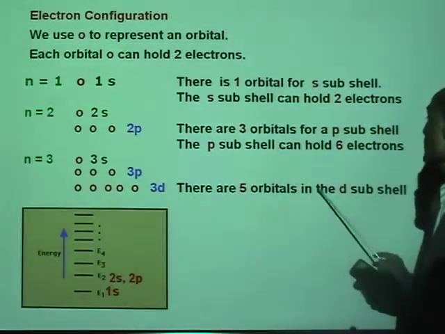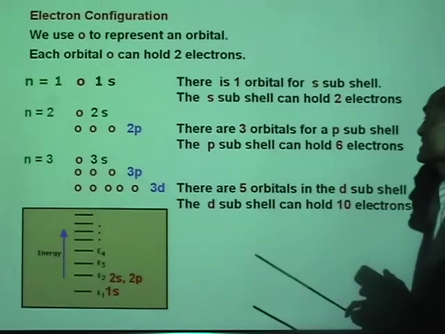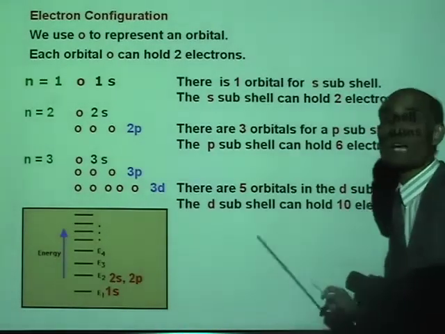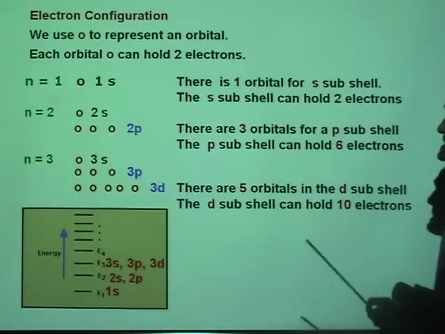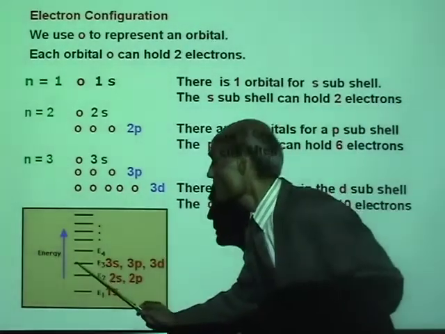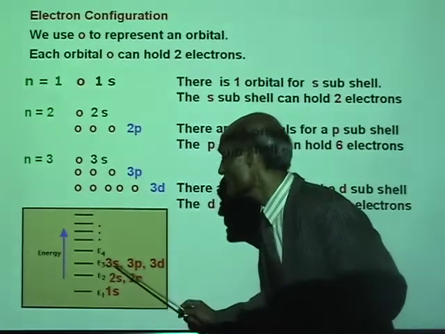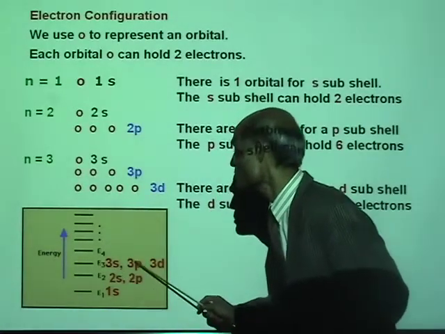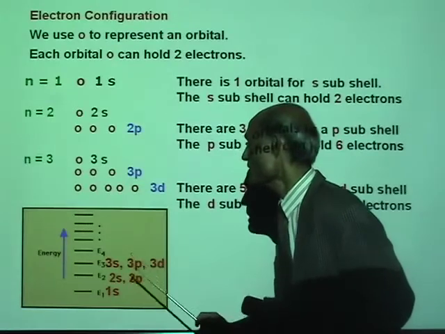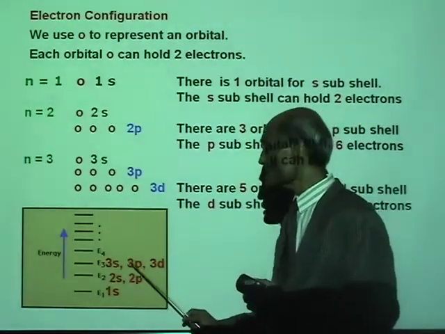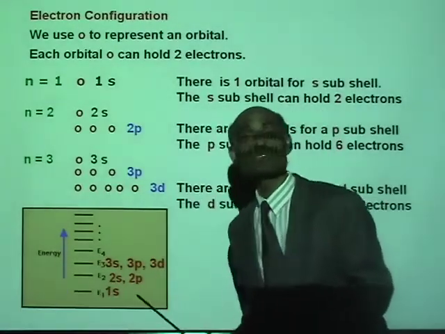So there are 5 orbitals in the D subshell. The D subshell therefore can hold 10 electrons. The n equal to 3, that is energy level E3, can have 3s, 3p and 3d. Remember that 3 stands for n equal to 3.